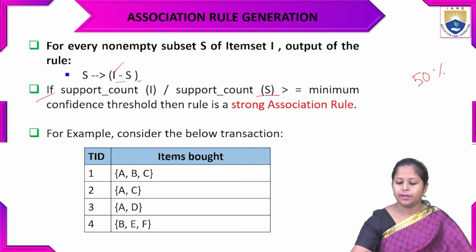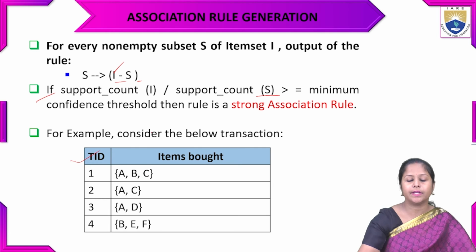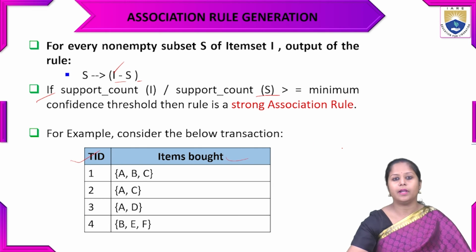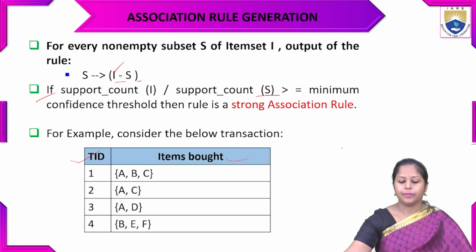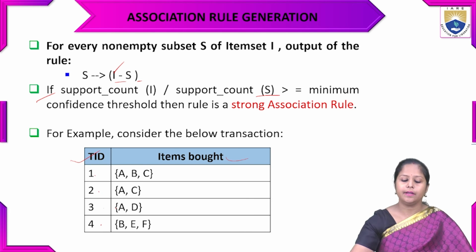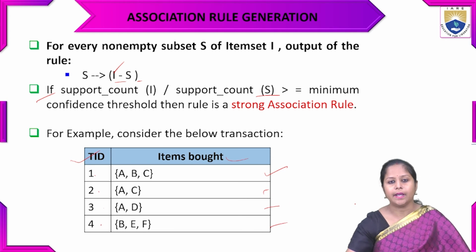So for example, suppose we have 5 transactions in this table. The table has the TID, transaction ID, and a column for items bought. The transactions have some items purchased together: ABC, AC, AD and BEF.